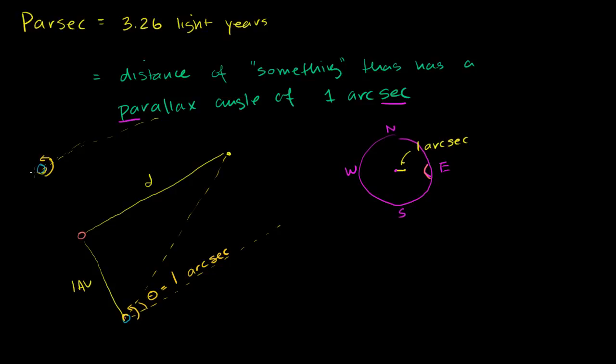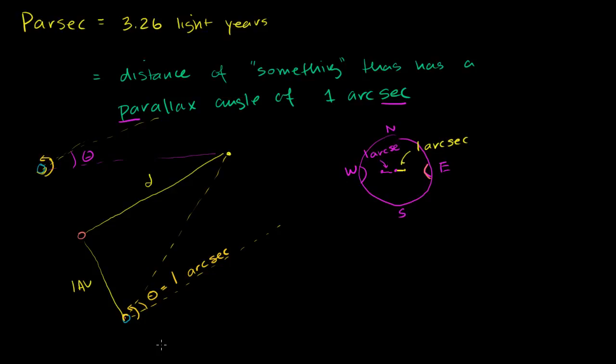We'll be just getting the last glimpses of the sun. And so the sun will be setting in the west. And so this angle right here, which is also the same thing as the parallax angle, will also be 1 arc second.